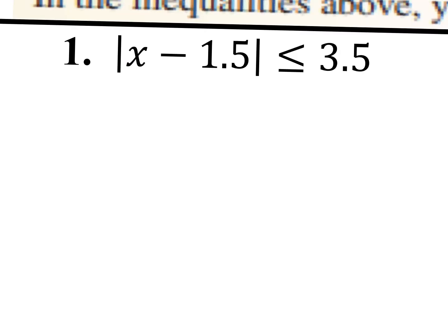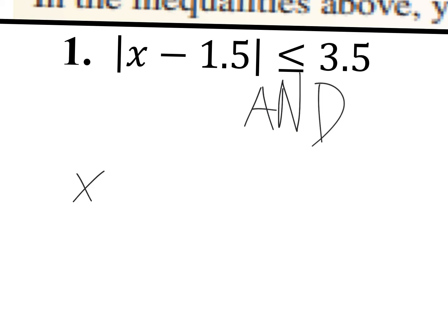So here in my first example, I have the absolute value of x minus 1.5 is less than or equal to 3.5. Like I said before, this is a "less than" problem, so I'm just going to label it as an "and" problem. I'll talk about that when I get my final answer.